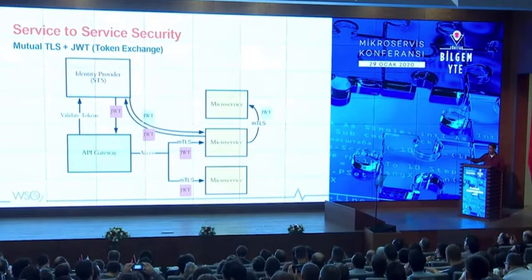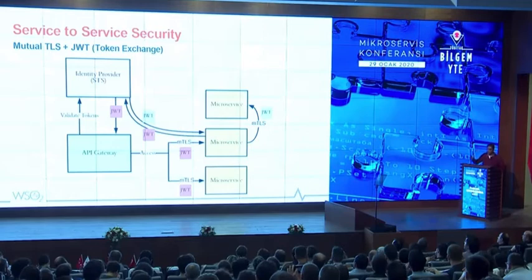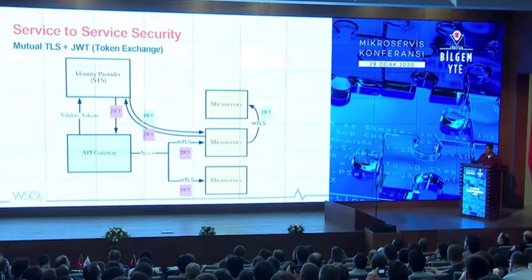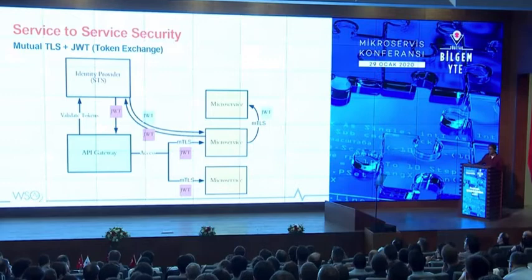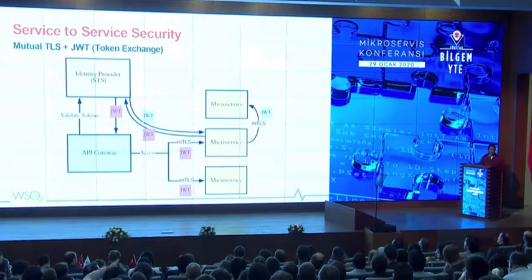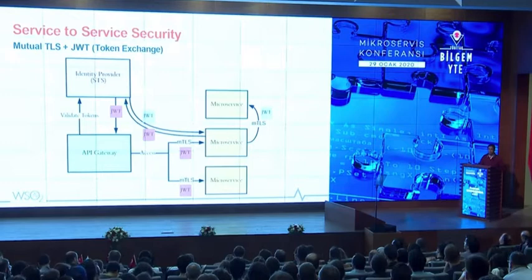Then when it wants to talk to the second microservice, it has to exchange the initial JWT it got from the gateway for a new JWT. The new JWT will carry the audience of the second microservice. In OAuth, there is an RFC called OAuth token exchange, RFC 8693. It defines how to do this token exchange in a standard manner.